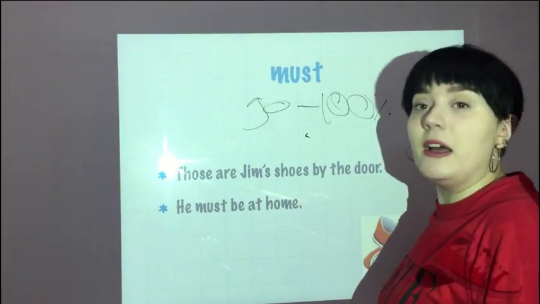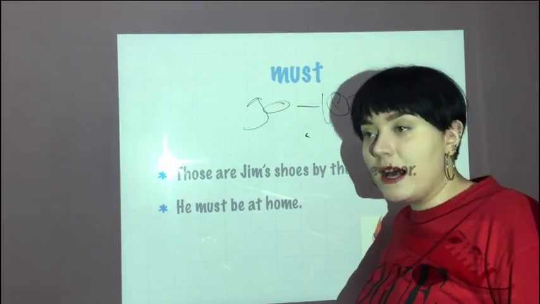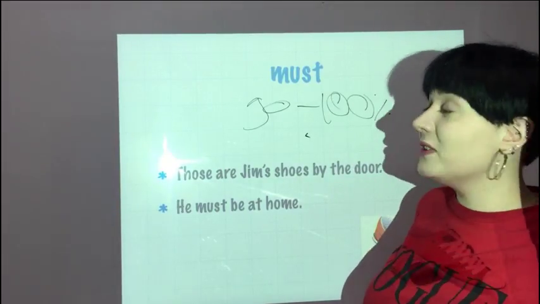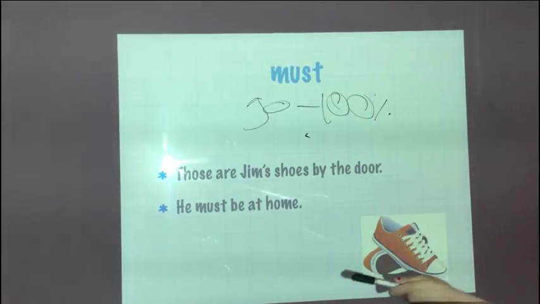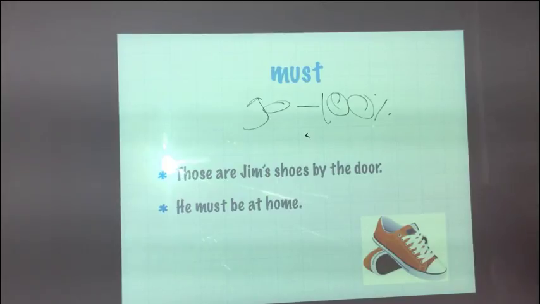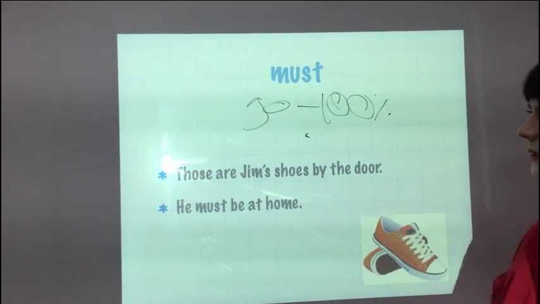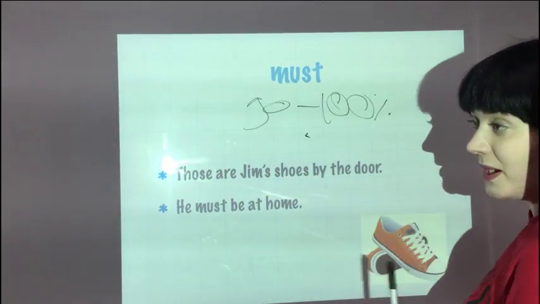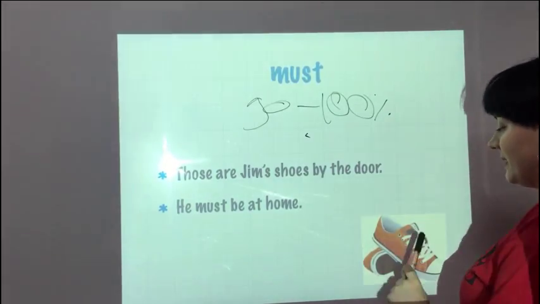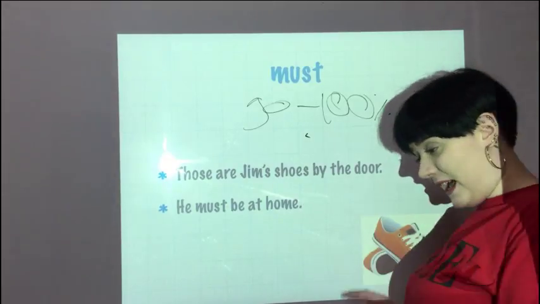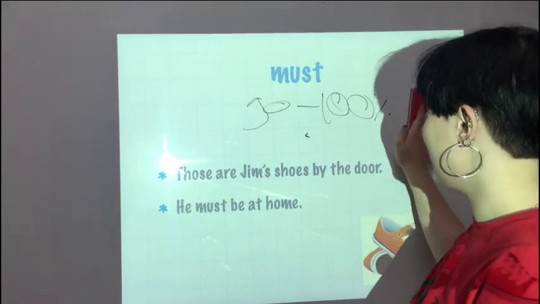Or maybe he had an emergency and he's at the hospital and he had to go there barefoot. We do not know, but since we know that Jim has only this pair of shoes, we could say, well, he must be at home. Like 90% to almost 100%. I could not imagine another possibility than Jim being home, because I can see his shoes. Okay?